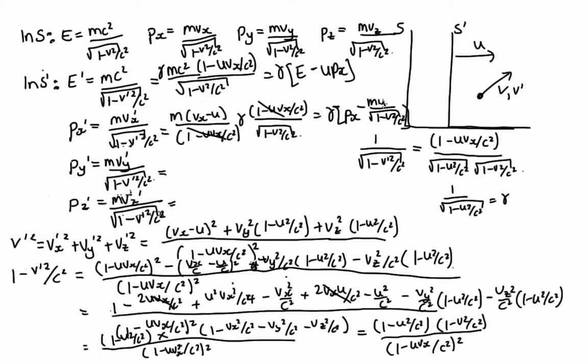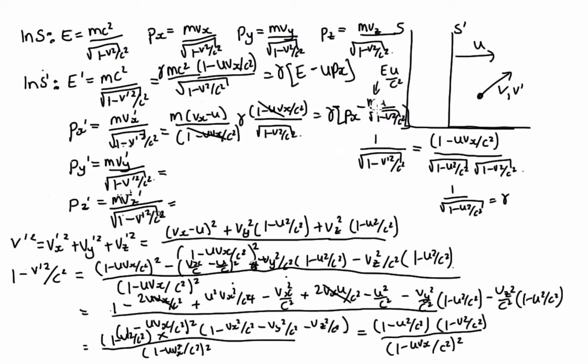This term's not quite so nice, but what we can see is that E is equal to mc squared over the square root of 1 minus v squared on c squared. So the difference here is the c squared and the u. So we can actually write this part here as E times u, and then we need to divide by c squared to get rid of this c squared term here.